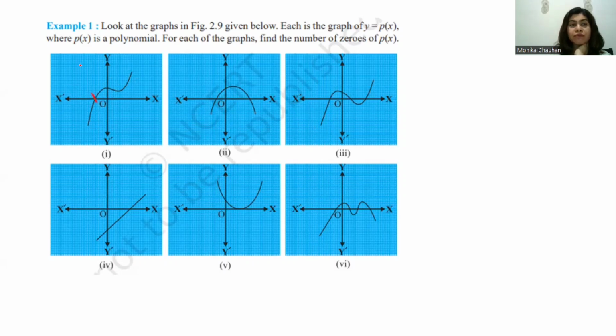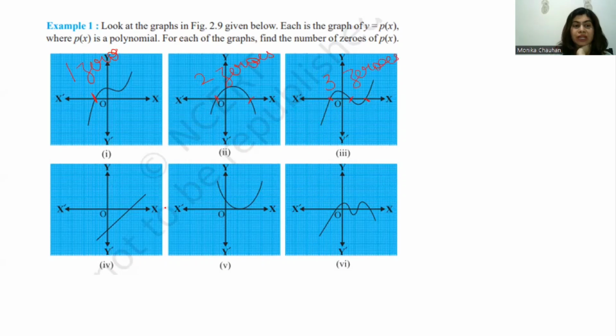So the number of zeros is only one. Now next, into how many points is it touching? 2 zeros in this case. Can you see how many points it is touching? 1, 2, and 3. So 3 zeros.